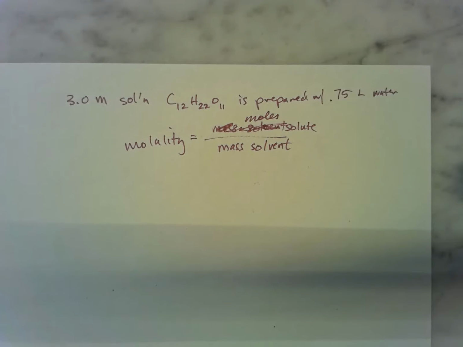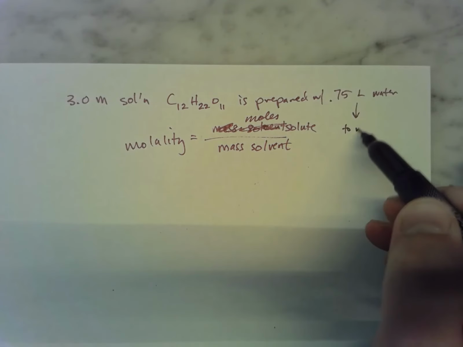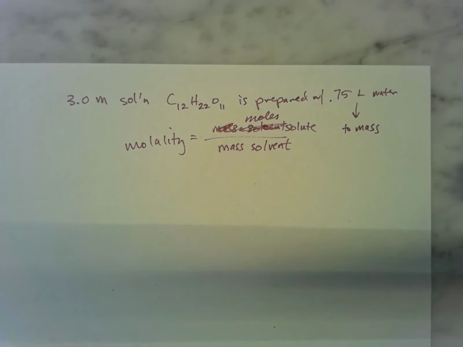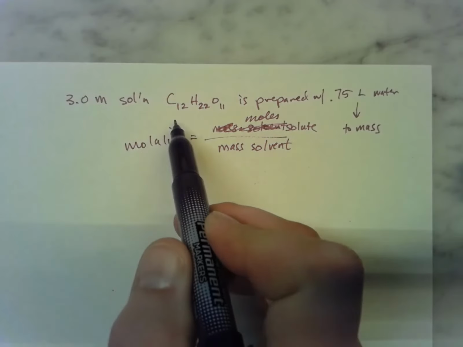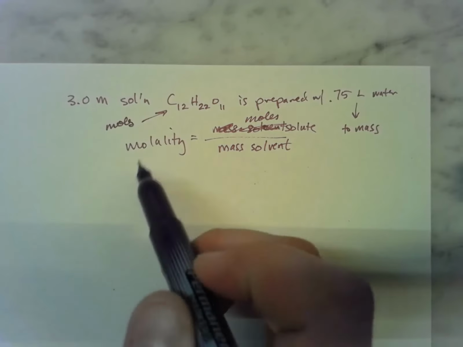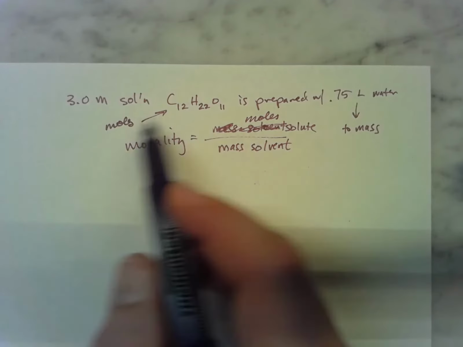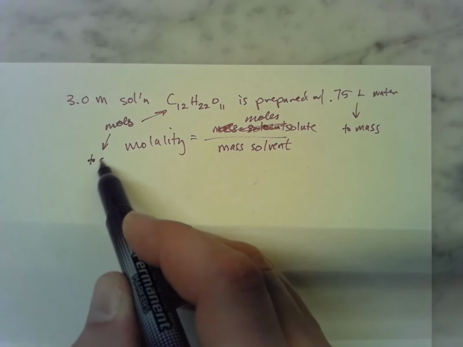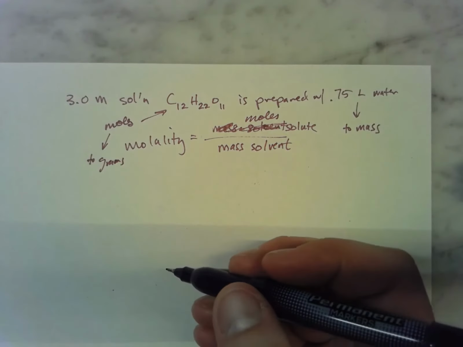We've got to get this to mass, and we've got to figure out the number of moles we need of this. We need moles, and then we go to grams because it asks how much mass of sucrose is present.